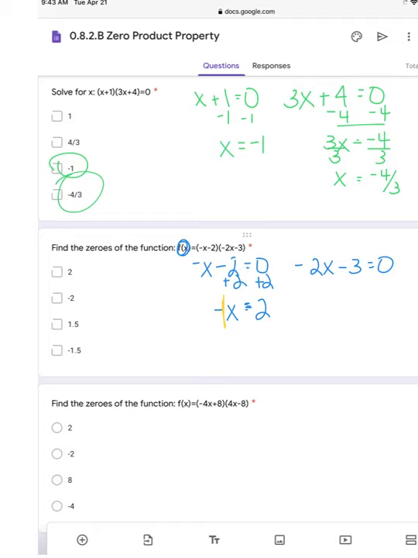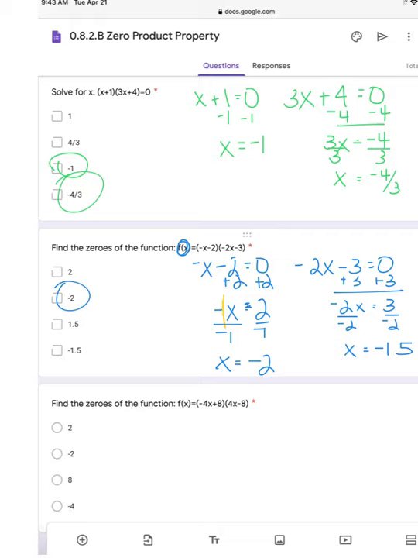So you have times negative 1. So we can divide by negative 1 there. Makes it pretty easy. So we get negative 2 on this one. Negative 3/2 or negative 1.5.